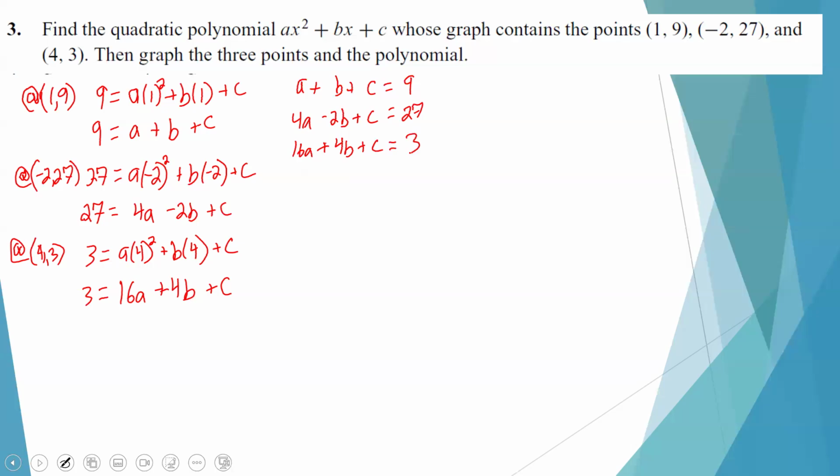And I'm going to put it in a matrix. This would be kind of messy, but actually it's not that messy. It's 1, 1, 1, 9, and then we have 4, -2, 1, 27, and then we have 16, 4, 1, 3.